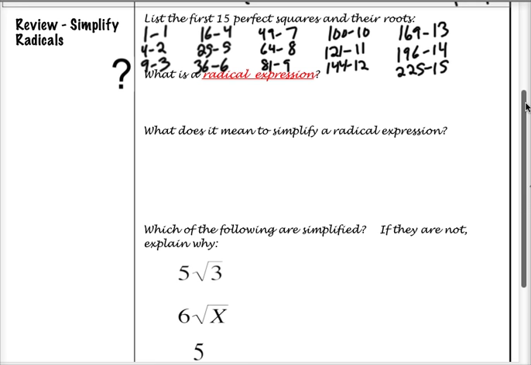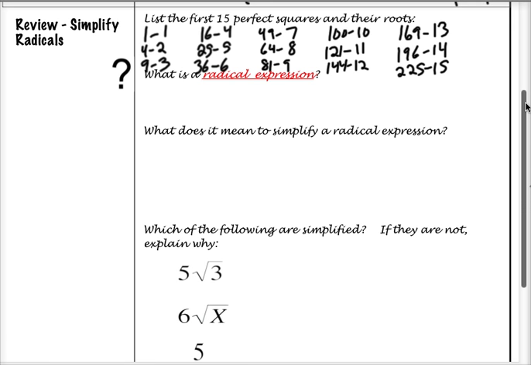All right, so there are all of our perfect squares from 1 to 15. And remember, those are the numbers we use in order to simplify these expressions.